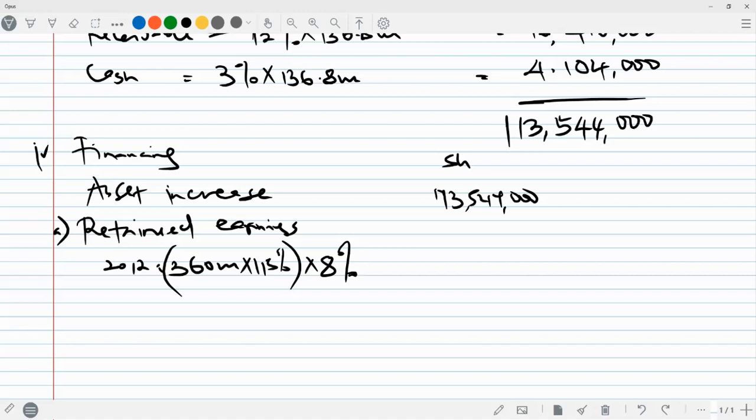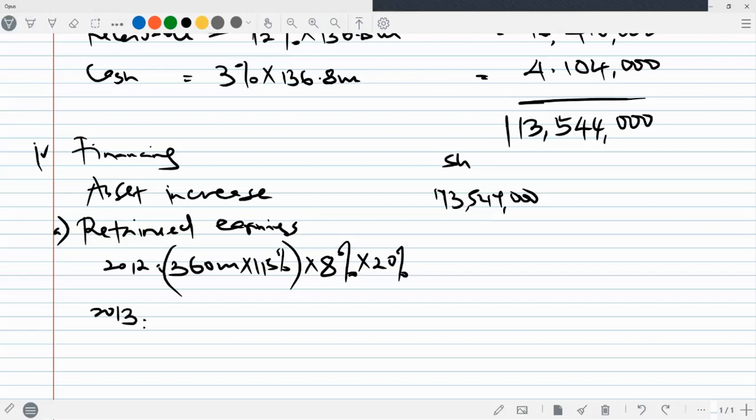However, the company pays out 80%. Therefore, what remains as per note 3 is 20%. The company pays 80 and retains 20. Therefore, times 20%. How much will be the retained earnings that go to finance the project in year 2012?